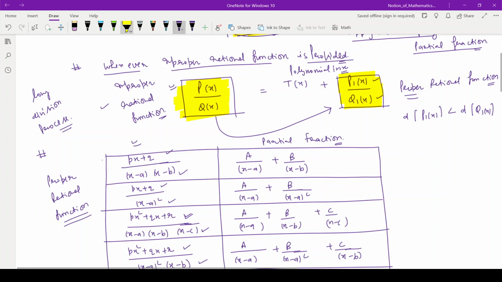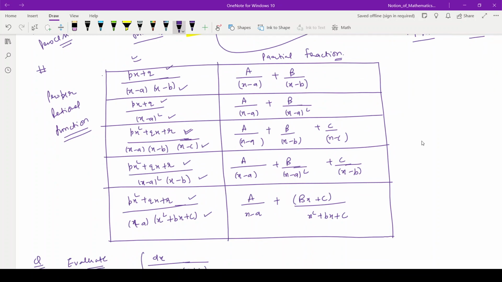I mean to say, this improper rational function p(x) upon q(x) can be written as t(x) plus p1(x) upon q1(x), where t(x) is a polynomial in x and p1(x) upon q1(x) is a proper rational function, and proper rational function means degree of p1(x) is less than degree of q1(x).